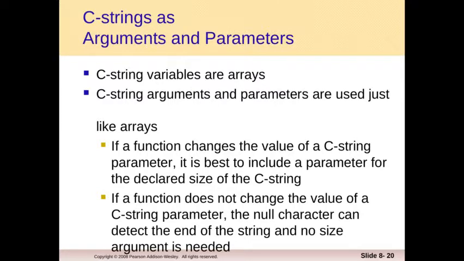Now, if you have a function that writes new data into a C string, then of course you have to approach this like we did with passing arrays before. You have to pass in the declared size in order for that function to be sure not to exceed the declared size.